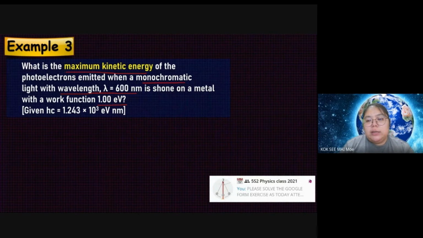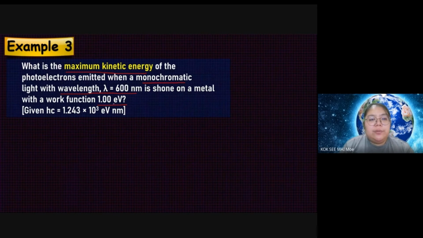Now this situation has a wavelength. 1 eV means later you need to convert to joule. The question gives you hc, so you need to use hc over lambda, the formula for the photon energy.